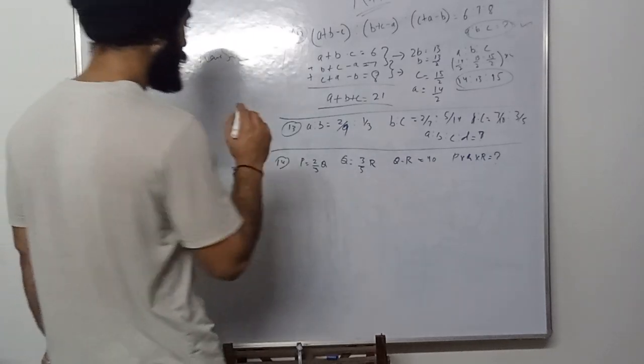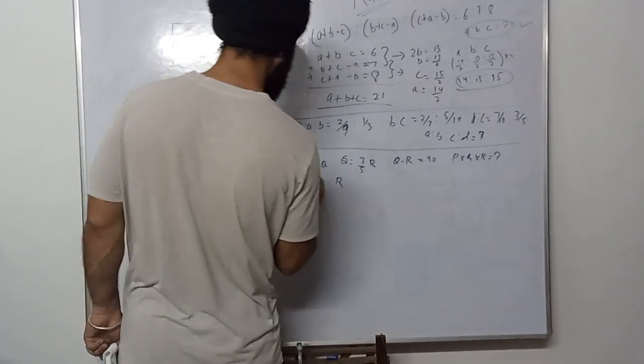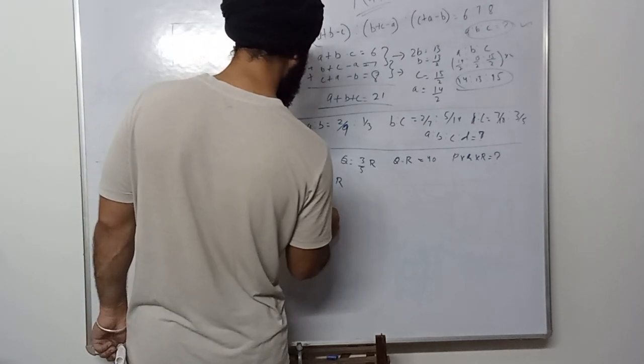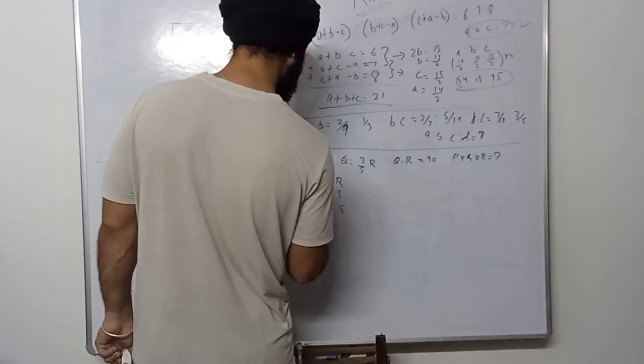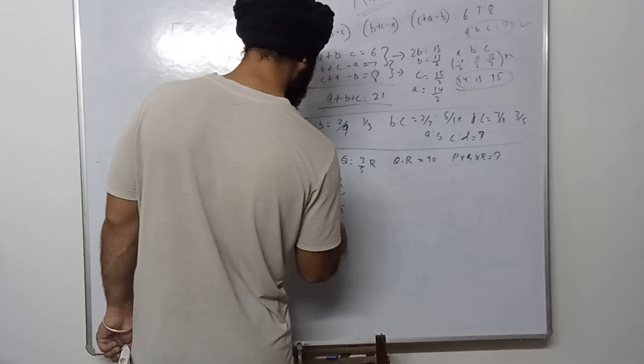Firstly we need to find the value of P ratio Q ratio R. So 2 ratio 3, 3 ratio 5. You can note it down: 2, 3, 5.